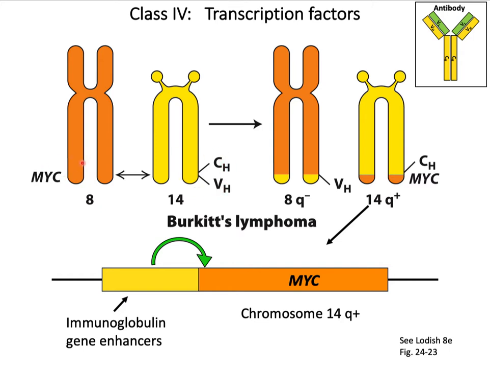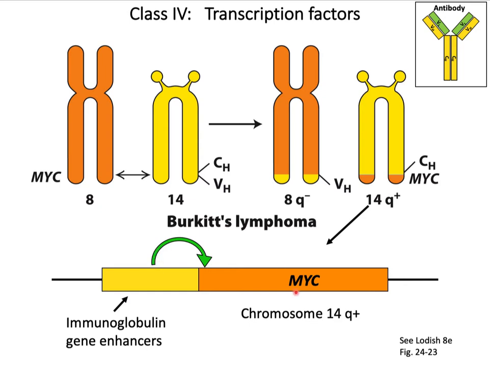But the MYC is sitting behind a very regulated promoter, which is only turned on very briefly in the cell cycle. So these immunoglobulin genes are sitting behind a very strong promoter that is on all the time. When you get a balanced translocation, you actually end up with the MYC sitting right behind the immunoglobulin gene enhancer and promoters.